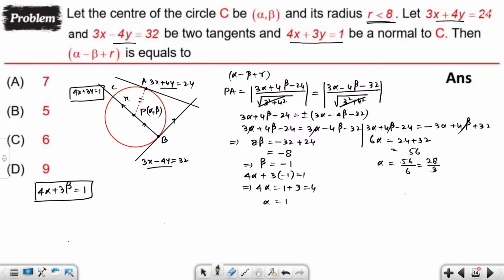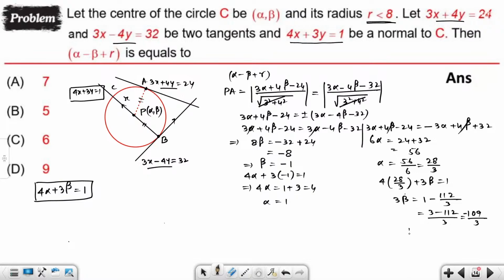And if I put alpha equals 28 over 3 in this equation, we are going to have 3 beta is 1 minus 112 divided by 3. So it's 3 minus 112 divided by 3. That gives us minus 109 divided by 3.